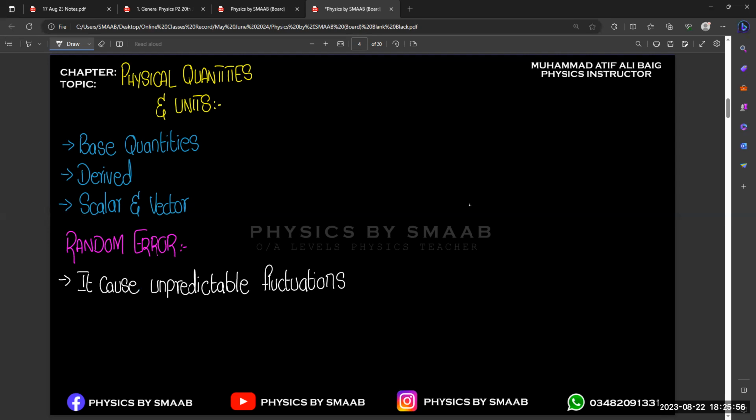It may be anything. So it is an unpredictable fluctuation in an instrument's reading, due to unpredictable change in the readings we make from any instrument. It results from uncontrollable factors such as environmental conditions.